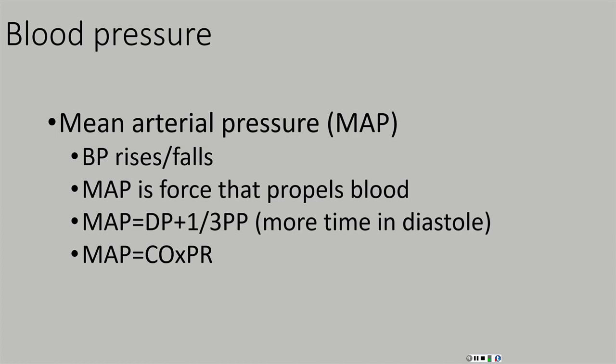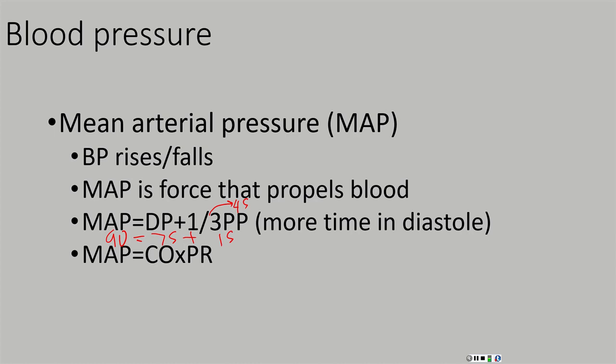I know I don't like math, so I know a lot of students also don't like math. Well, pulse pressure, remember, was what? It was 45. But if we take 1/3 of that, then that is 15. Add diastolic pressure, which is 75. So 75 plus 15 gives us 90 mmHg. So MAP is 90 mmHg.